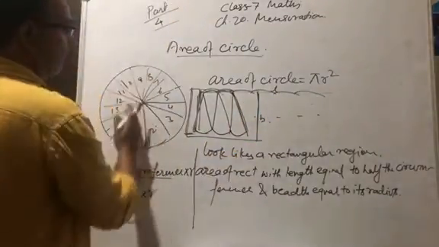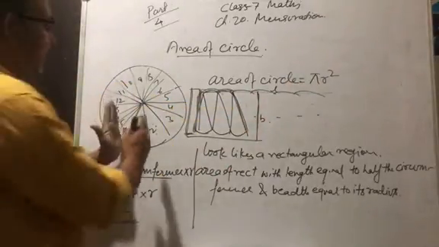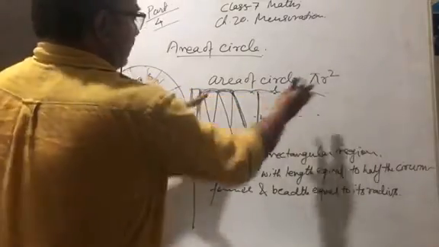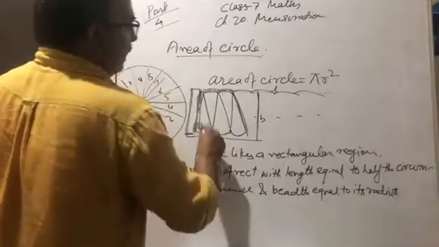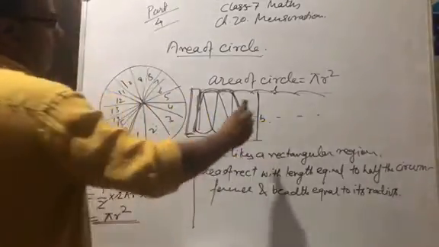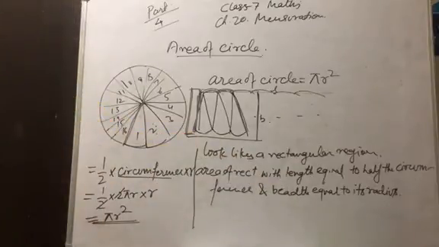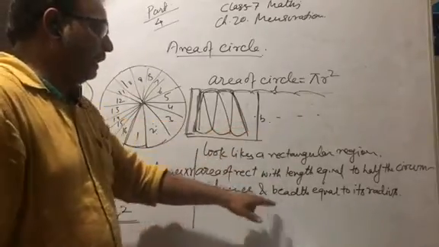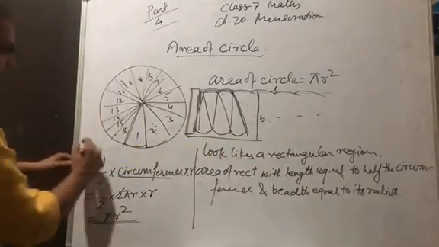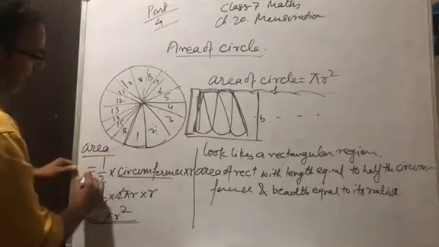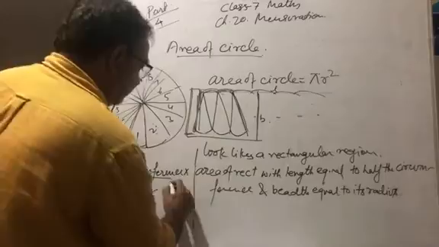So half of the circumference we can use as the length, because half the cutting is at the top and half the cutting is at the bottom. So in a rectangular region, half is used here, but half is unused. That is why the area of the rectangle with length equal to half the circumference and breadth equal to the radius is half multiplied by circumference multiplied by radius.